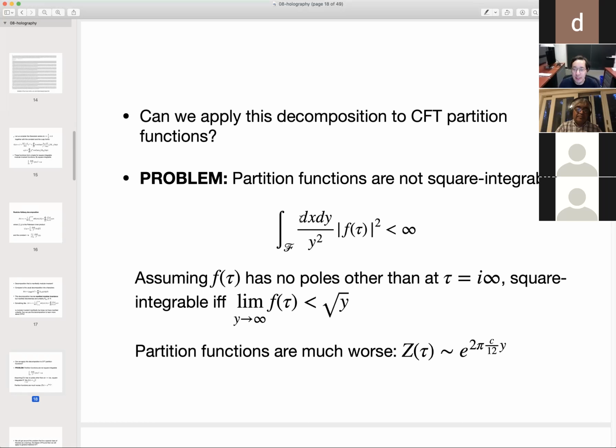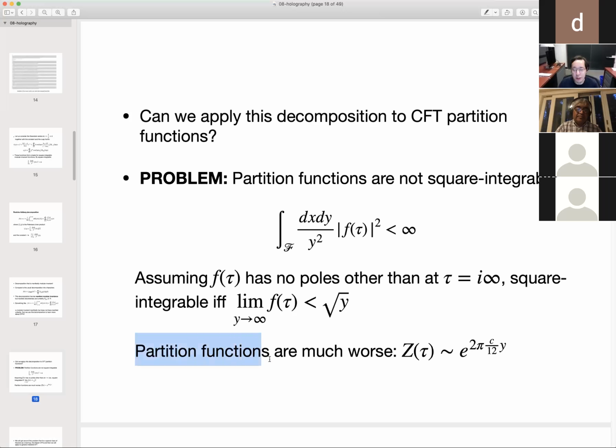If you assume this, then the only bad behavior for convergence that you have to worry about is near where y, which is the imaginary part of tau, goes to infinity. And that means that it has to grow slower than a square root. If it's a square root, you get a logarithmic divergence. So as long as this function f is less than the square root of y at large y, then it's square integrable.